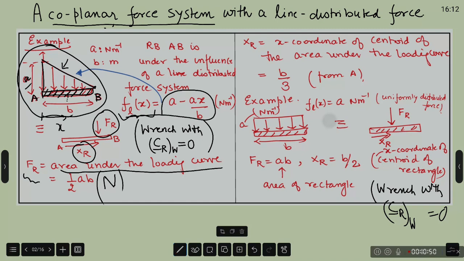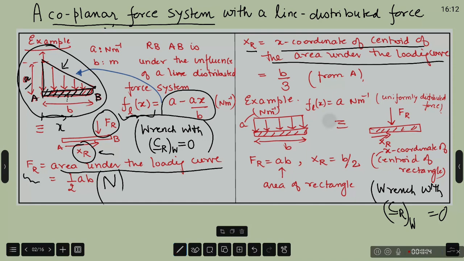Next I want to find where I should put this force, such that the equivalent force system has one single force, no torque. I derived in the last class that XR will be the x coordinate of the centroid of the area under the loading curve.